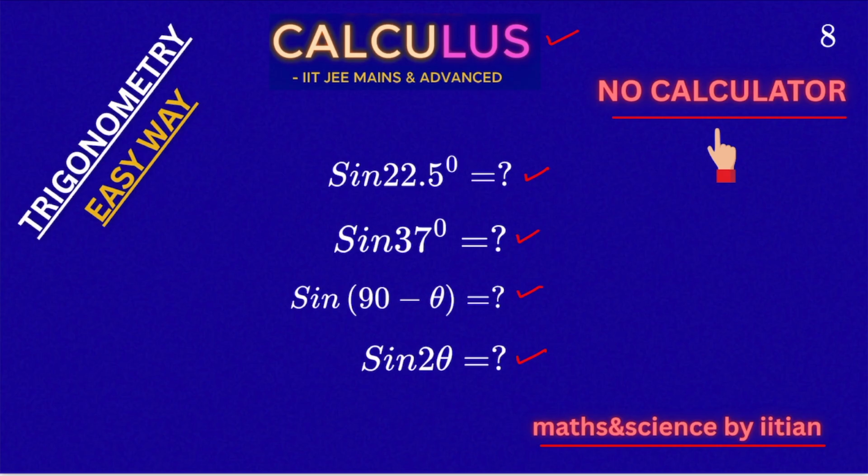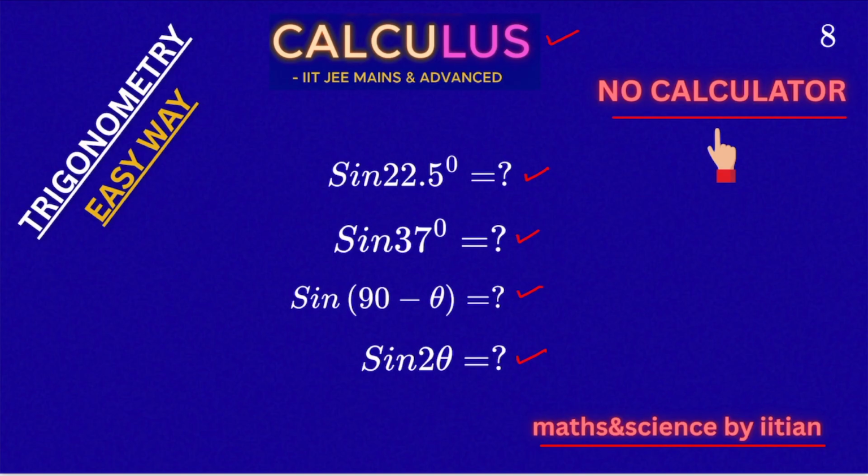Once you find the sine values, sine square theta plus cos square theta is equal to 1. From that you can find the cos theta value. Once sine theta and cos theta values are found, you can easily find the tan theta value, which is nothing but sine theta by cos theta. We'll delve into the calculations.